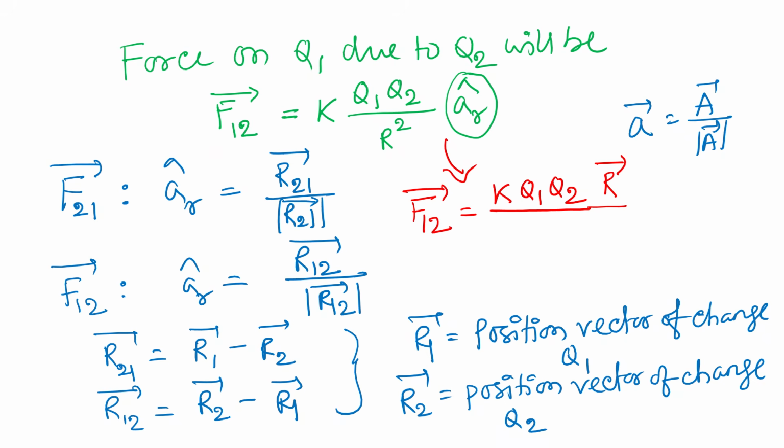So mod r and r square, if we multiply them, it will give you r cube. So this can also be another way of writing your Coulomb's law.